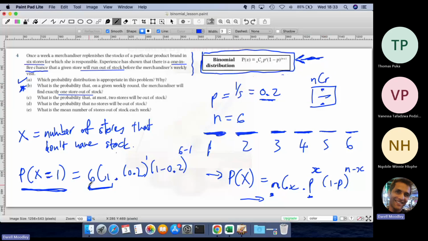That's the same thing as this. So here you put a 6 in place of the n, and a 1 in place of the r, and you work that out just like we did last week. If you put all of this into your calculator and work it out, you'll get a value of 0.3932.